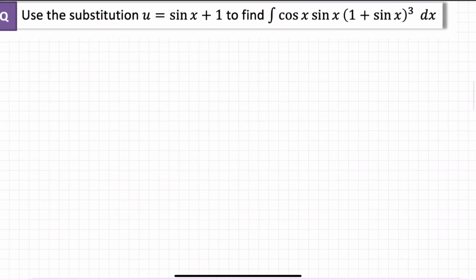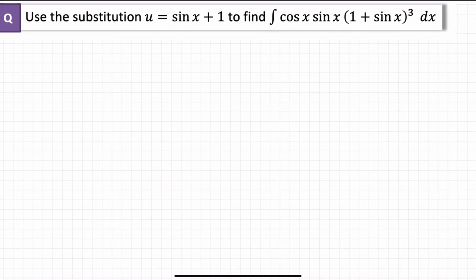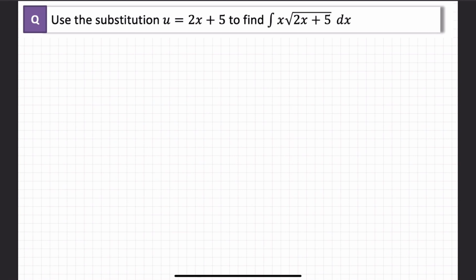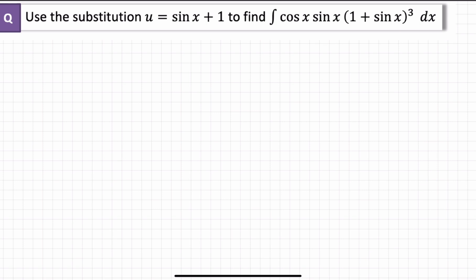Okay, let's have a look at this one here. Right, we're given a substitution. So I've got U equals sine x plus 1, and I want to integrate cos x times sine x, multiplied by (1 plus sine x) cubed dx. Okay, let's have a look at it. Right. U is sine x plus 1. du over dx, sine x becomes cos x.